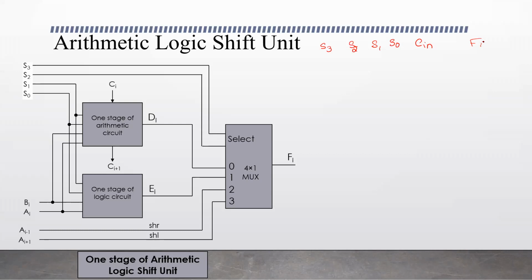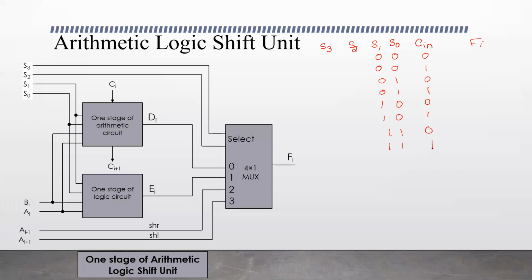First let's take the arithmetic operations. It may be 0 0 with Cin 0, 0 0 with Cin 1, 0 1 with Cin 0, 0 1 with carry 1, 1 0 with carry 0, 1 0 with carry 1, 1 1 with carry 0, and 1 1 with carry 1.